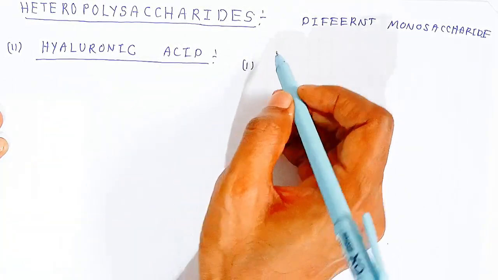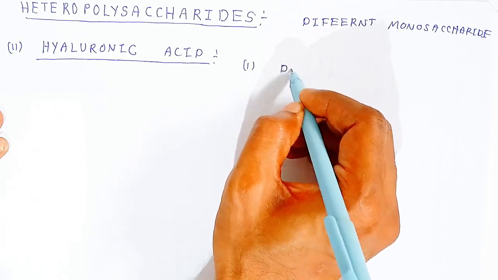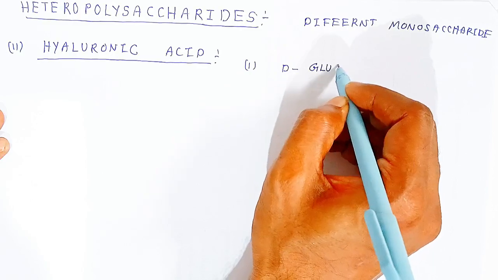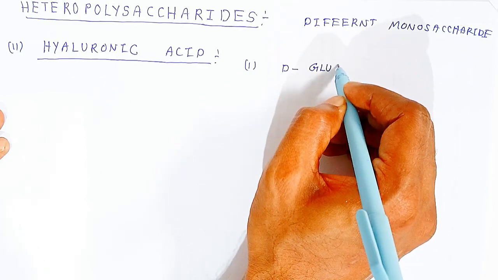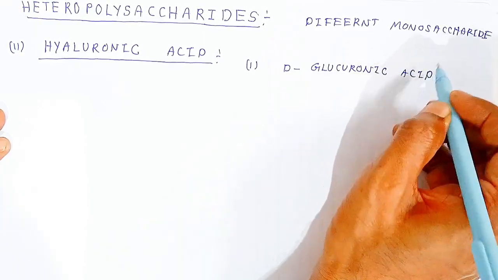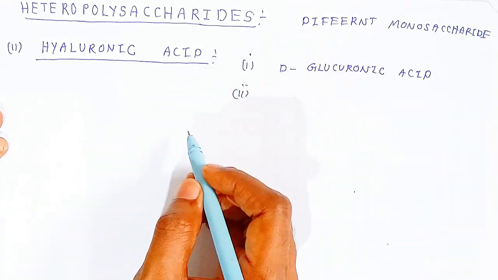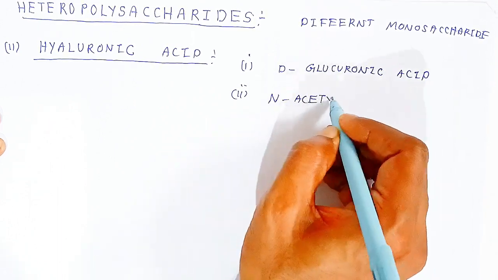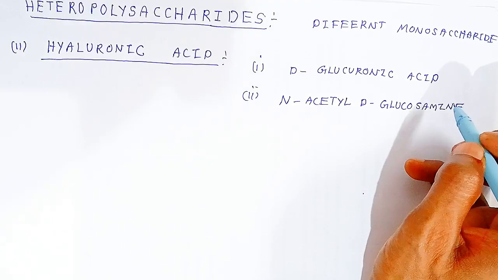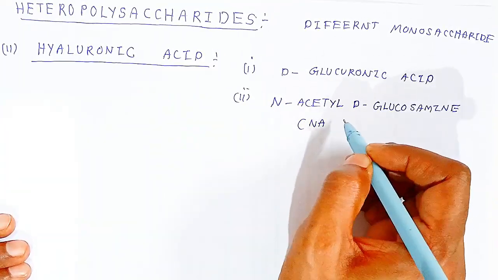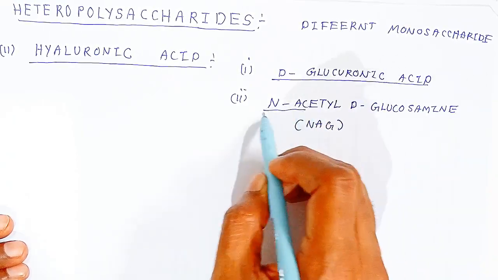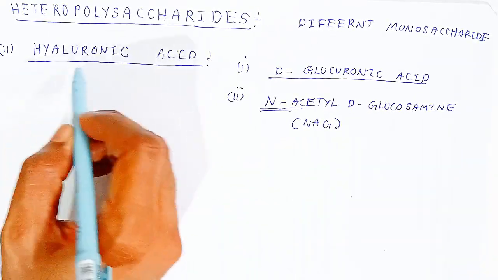First monosaccharide is D-gluconic acid, and the second monosaccharide is N-acetyl, which we call NAG. Okay students, so these two are monosaccharides. With the help of these two monosaccharides we are going to draw the structure of hyaluronic acid.